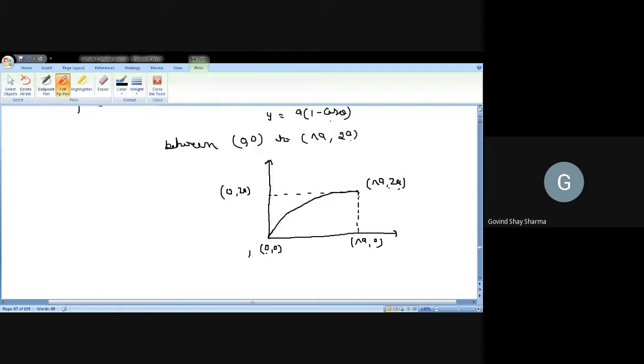Now we find the value of the integration. I is given by the integral of z square plus 3z plus 2 dz. Here we get two points, O and A, and we find the path OA.